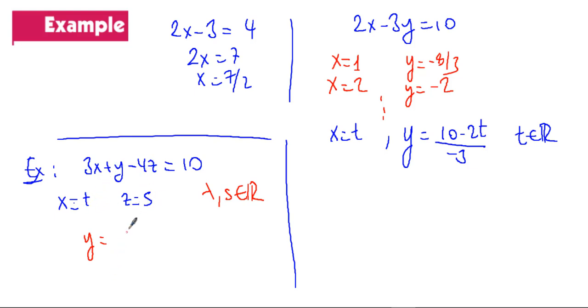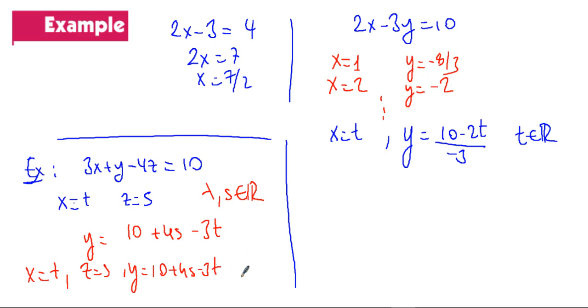So y will be 10 plus 4s minus 3t. That's it. It doesn't have a coefficient. If it had a coefficient, we would divide by it. So what did I do? Instead of z, I put s, and instead of x, I put t, then I wrote it in one line. I took them all to the right, then I have my y. So my solution will be x equals t, z equals s, and y will be 10 plus 4s minus 3t, for any t and s, all real numbers.